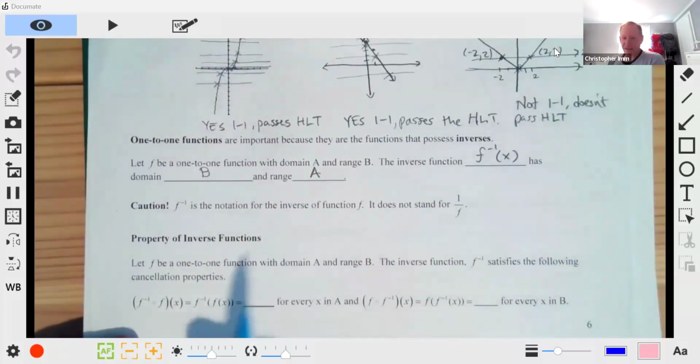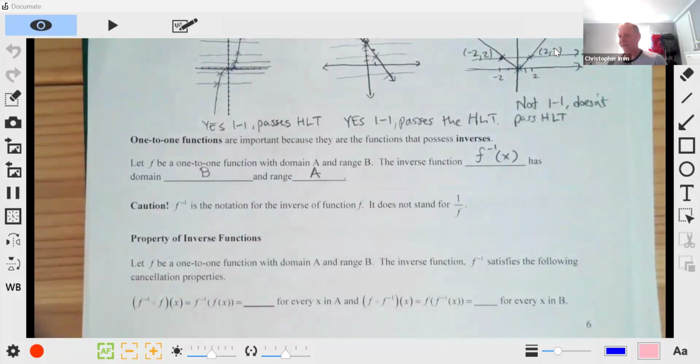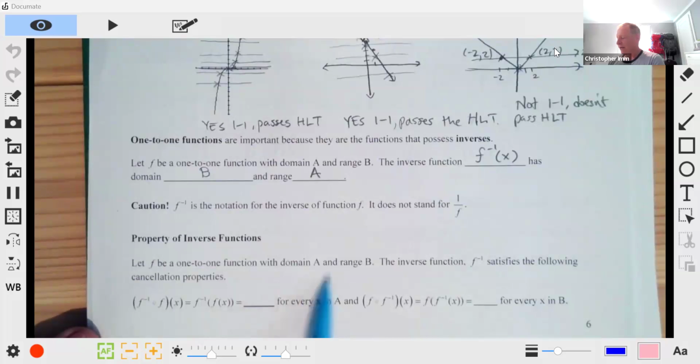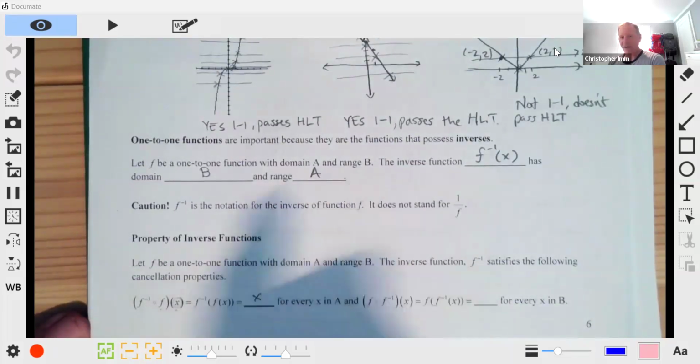So it turns out that when you have an inverse function, if you can find it, it has a nice property because it undoes the original function. So if f is a one-to-one function with domain A and range B, the inverse function satisfies the following cancellation properties. So we go back to our composition. If I compose f inverse and f and apply that to any x value, I will always get that x value back.